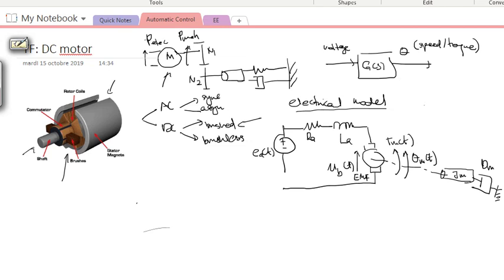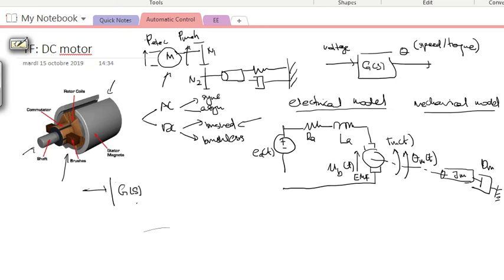So this whole part is the electrical model, and on the right hand side we have what we call the mechanical model. Right? So again, if we remind ourselves, our objective is to create a transfer function. So now we will define what the input and the output are.